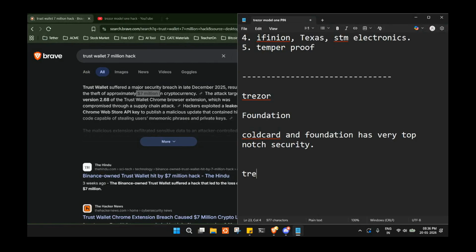So Trezor is also good because they have an open source one. Then one more thing I want to add, Tangem. See, usability-wise, Tangem Ring, yes, very good.